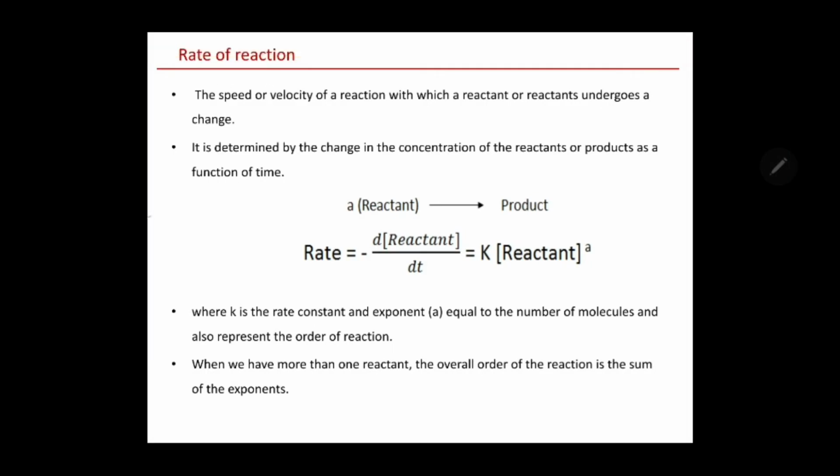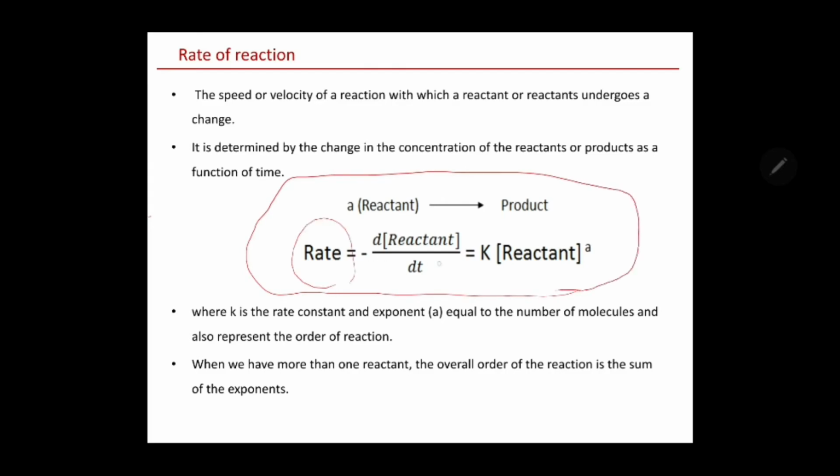Rate of reaction is the speed or velocity of the reaction with which a reactant or reactants undergo change, or it's the rate at which the product will form or reactants will disappear. This is a general rule that all of you have studied before.